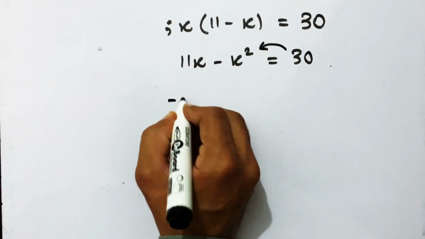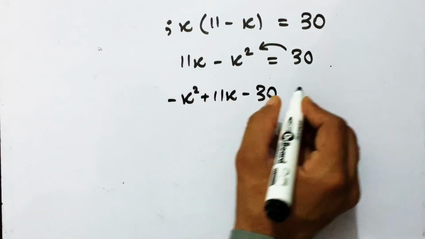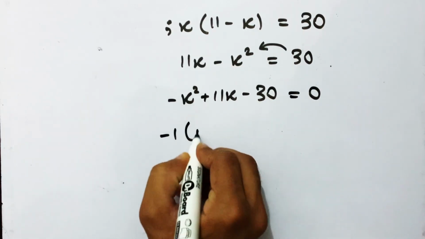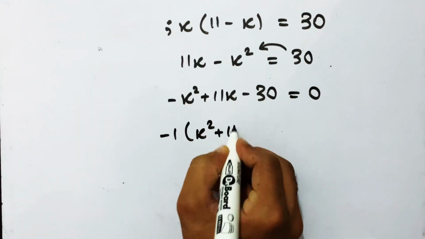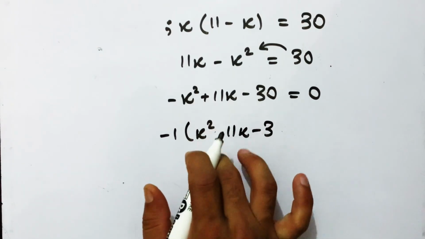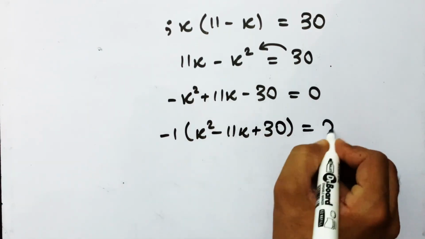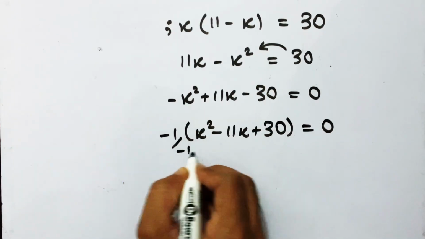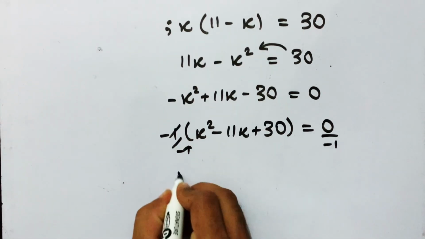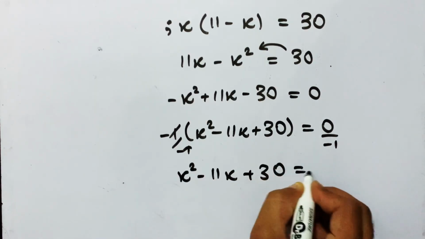Rearranging the equation, x squared plus 11x minus 30 equals 0. Taking minus 1 common and changing the signs, then dividing by minus 1, the minus 1 cancels, and the result is x squared minus 11x plus 30 equals 0.